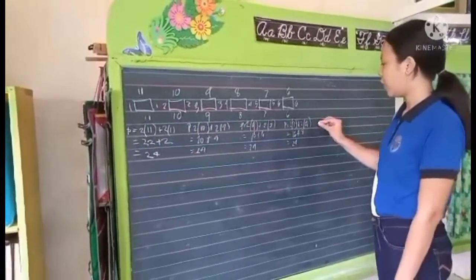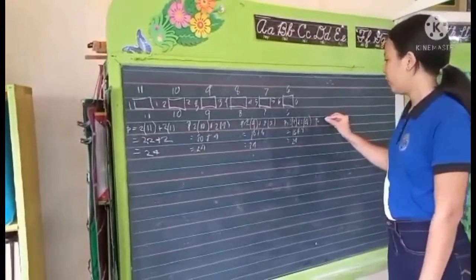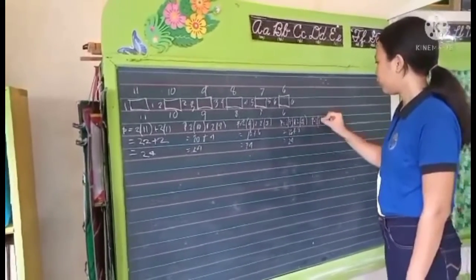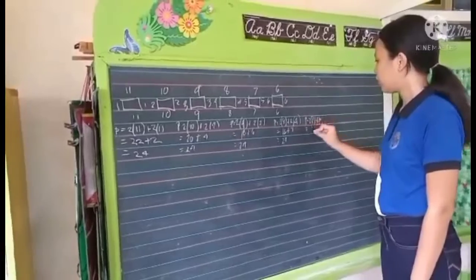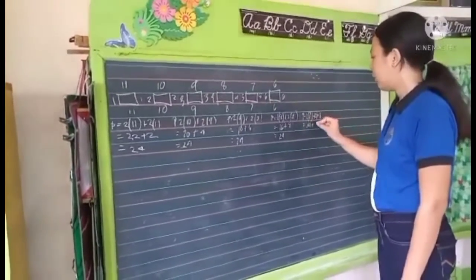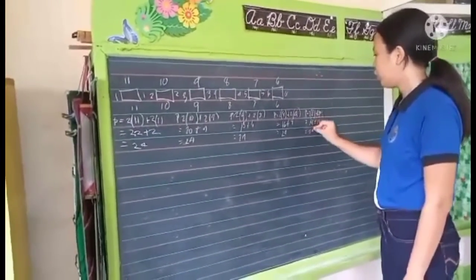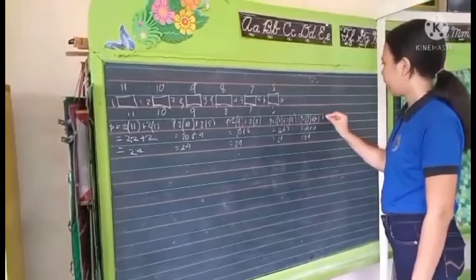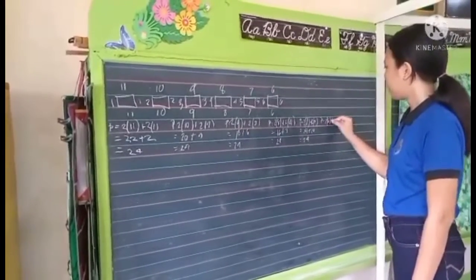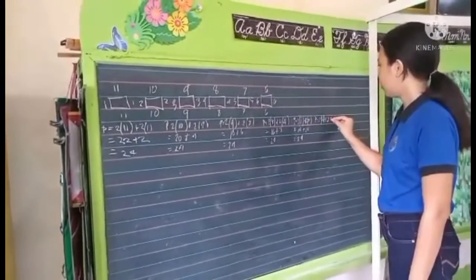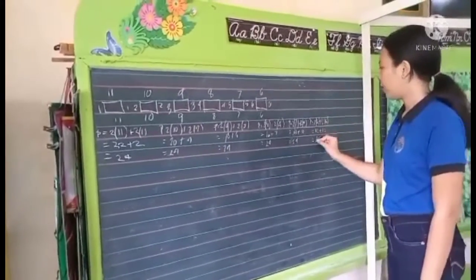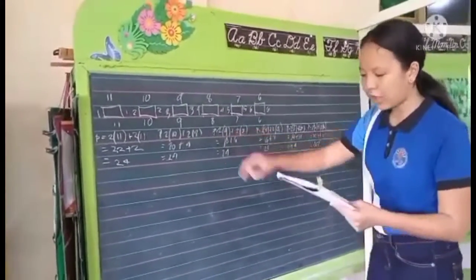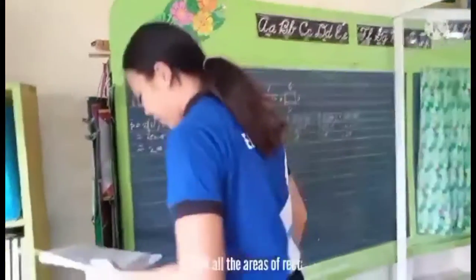Then, yung isa naman tayo, P is equals to 2 times 7 plus 2 times 5 is equals to 14 plus 10 is equals to 24. Then, P is equals to 2 times 6 plus 2 times 6 is equals to 12 plus 12 is equals to 24. So, 24 po siya. So, next is the area.